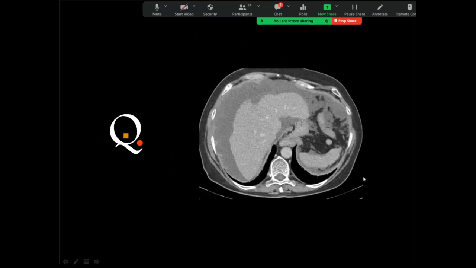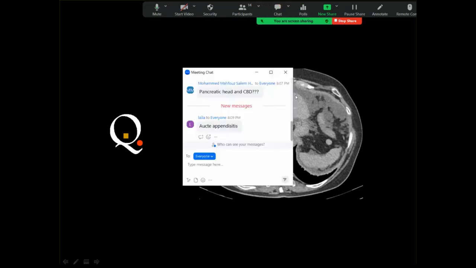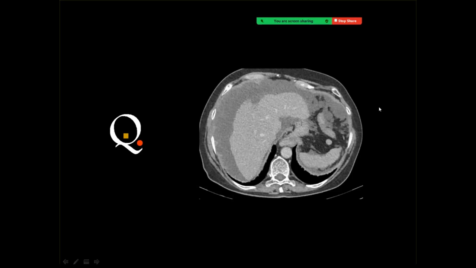Next case is an abdominal scan obtained after contrast injection, and you see the liver. The answer is stomach injury, no, there is no history of trauma.